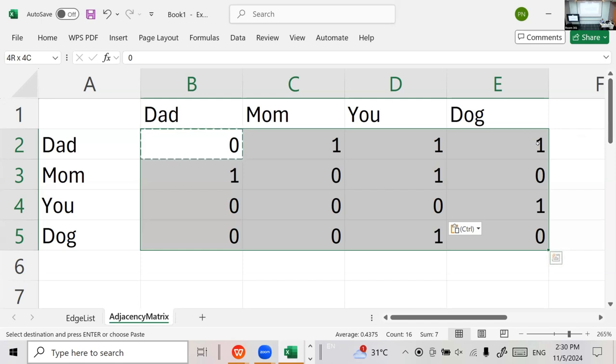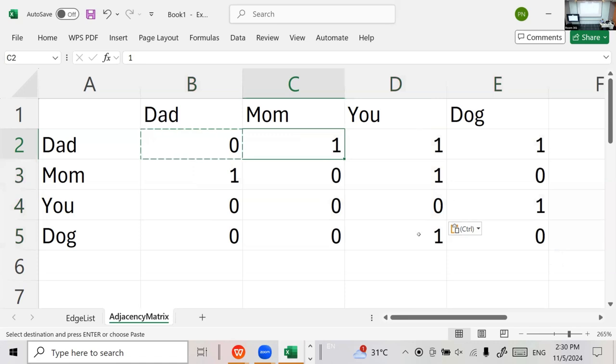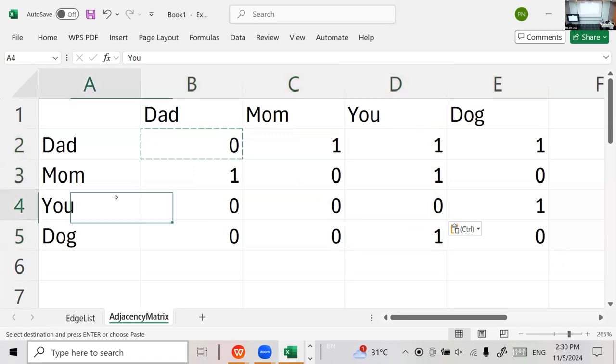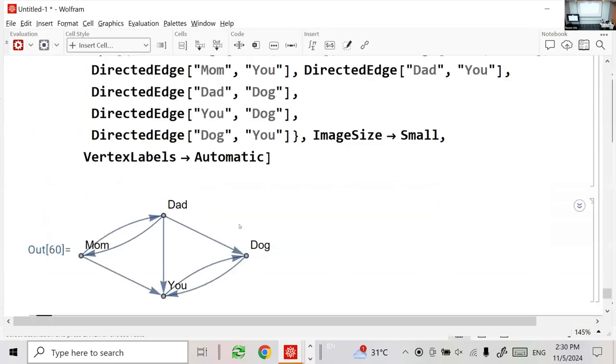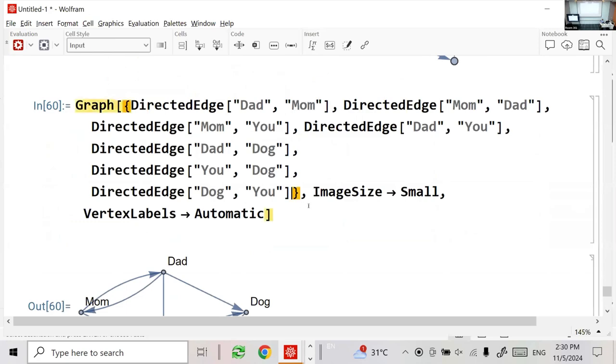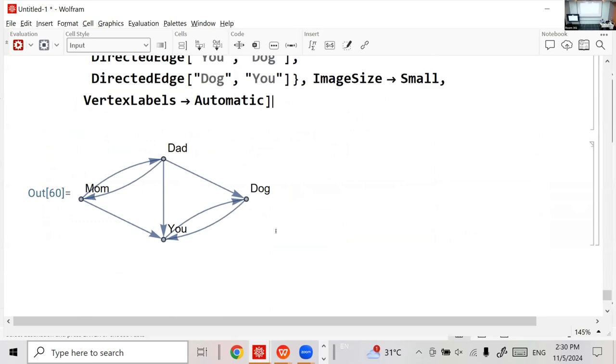Or you can quantify it. Maybe you only love your dog 50%. So instead of 0, 1, you can make it a percentage, right? So right now it's just a yes or no. So basically just this.